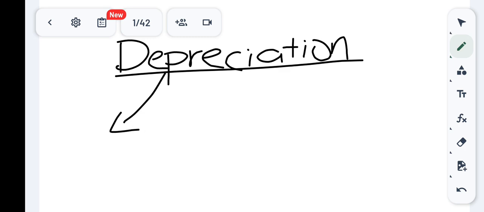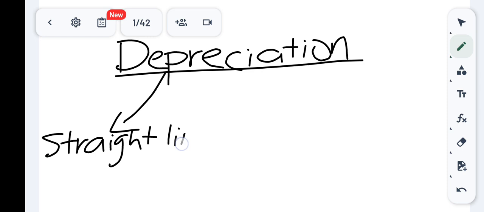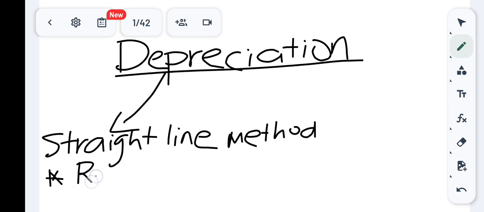The first one is the straight line or linear method. So that phone that I bought can depreciate with two methods: the straight line method, and also the reducing balance method.